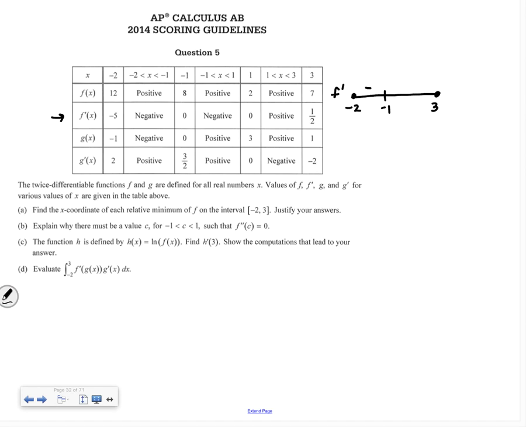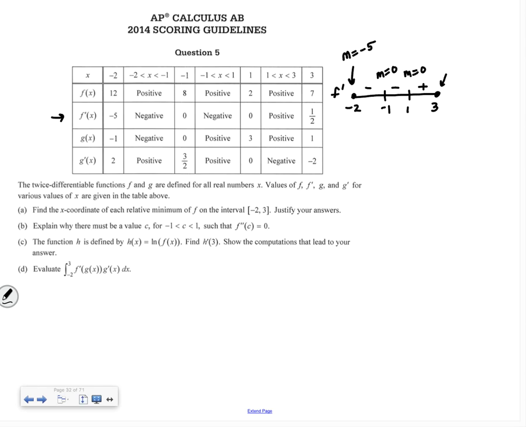And then from negative 1 to 1, it's negative. And then from 1 to 3, it's positive. And at each of these locations, at negative 1 and 1, our slope is equal to 0. But at negative 2, our slope is equal to negative 5.